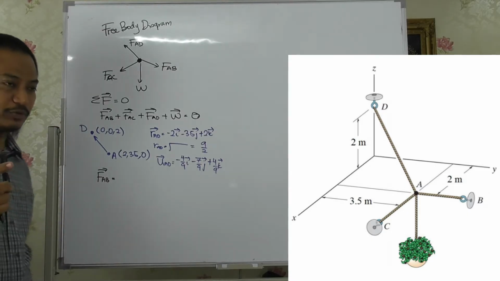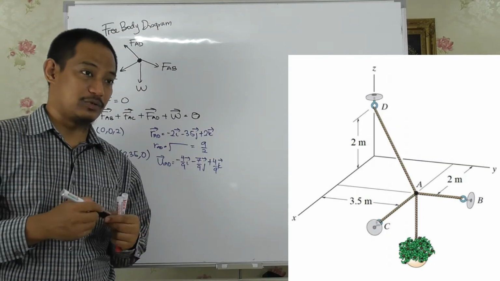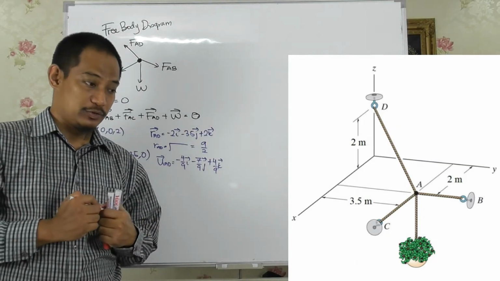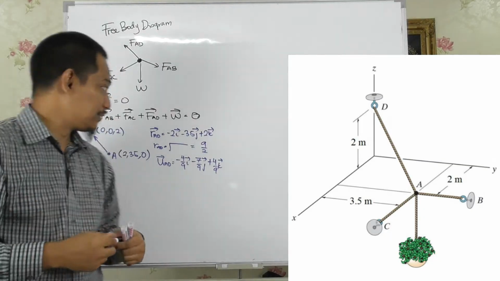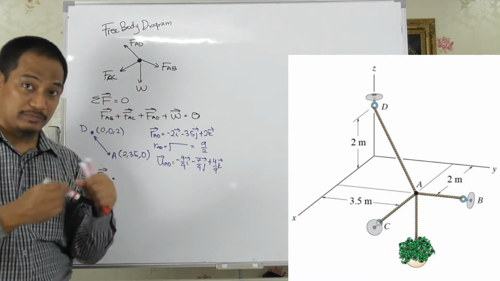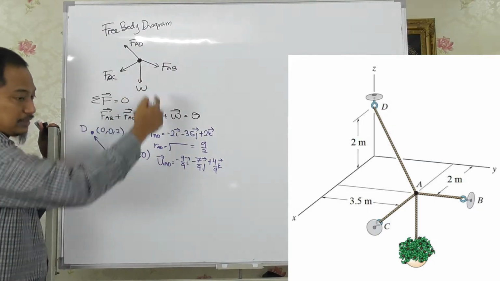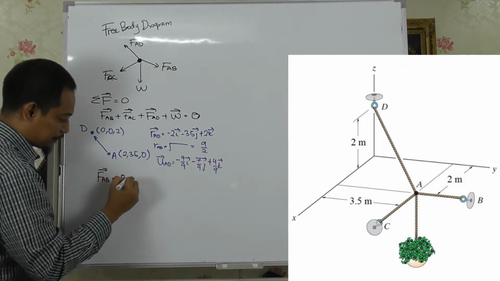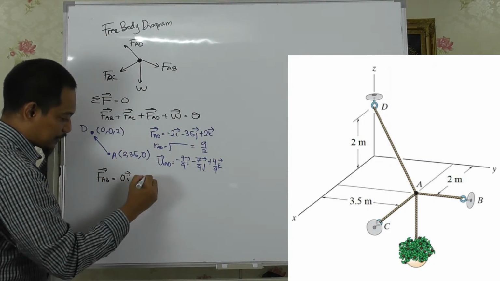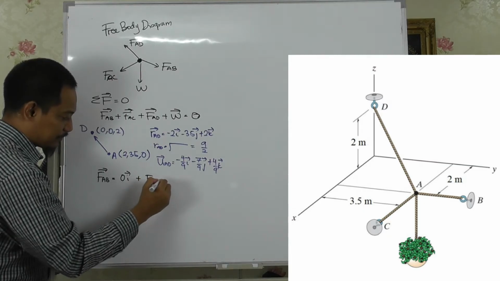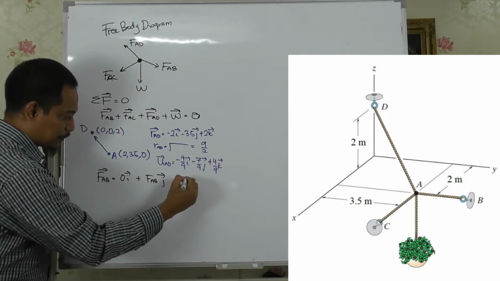Hopefully by now you already understand that a cable is always in tension, so the direction is always away from that point, because the cable is pulling it, right? So FAB is in the y direction, so 0i plus FABj plus 0k.